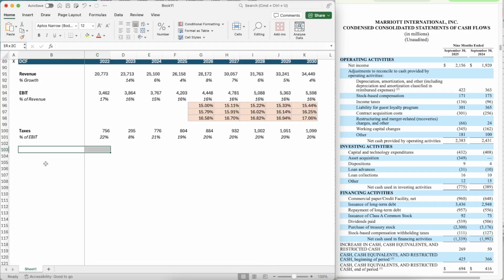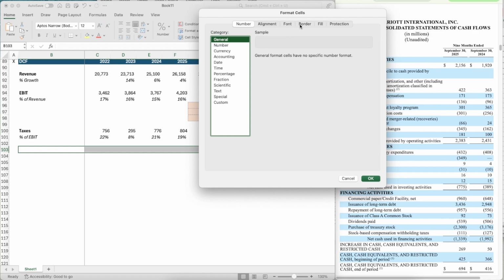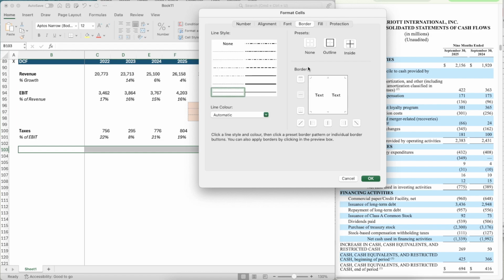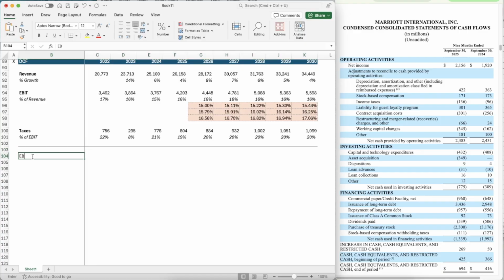Okay, the next step is we want to calculate the EBIAT, which is your earnings before interest, but after tax. You do that by going EBIT. We only want it for what we're forecasting for the next 5 years. So we take the EBIT, we subtract the taxes, pull that across.